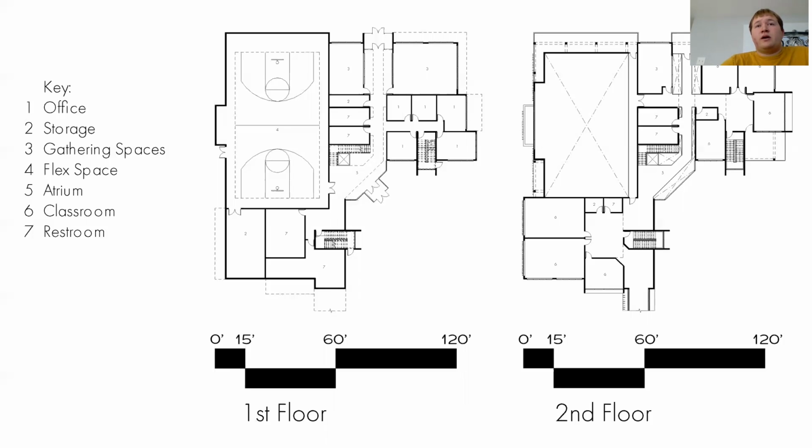On the second floor is more private, allowing for classrooms to be uninterrupted, but then also give good views outwards. And I also provide 1 more flex space, which could be a meeting room or a classroom in the future.